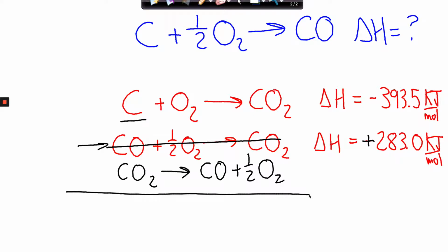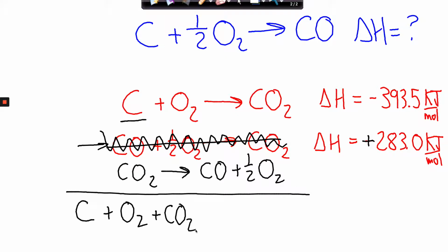So carbon is a reactant in the first reaction. Oxygen is a reactant in the first reaction. Now guys, this is no longer our reaction. It's now this. So carbon dioxide is also a reactant in our now manipulated equation. So that's all our reactants.